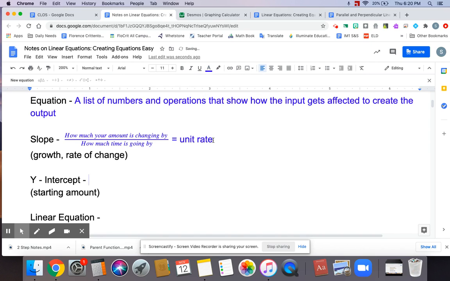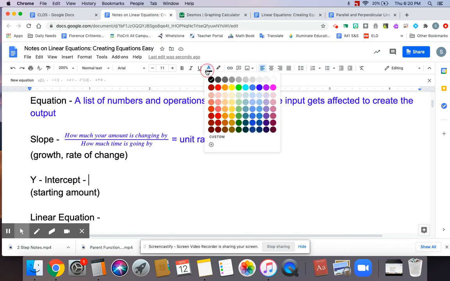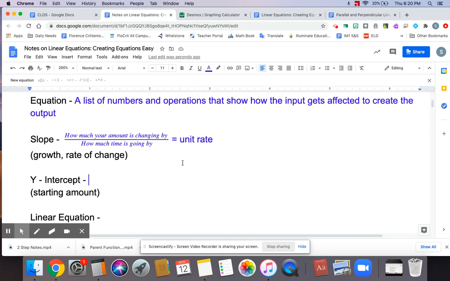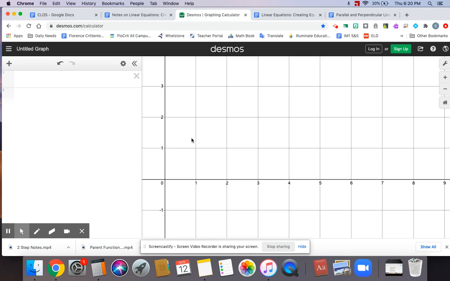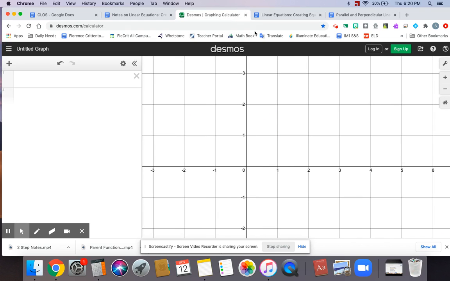Something else we're going to use in linear equations is something called the y-intercept. Mathematically, the word intercept means to cross. And when we're saying the y-intercept, we're talking about the y-axis. Remember, the y-axis in a graph is the up and down line.